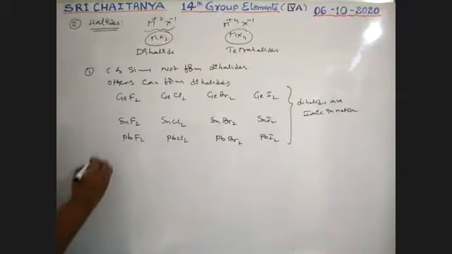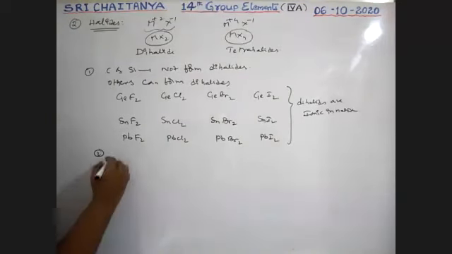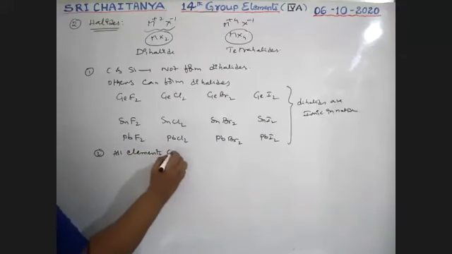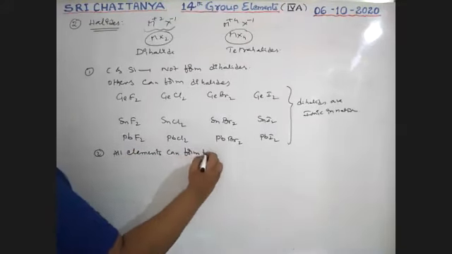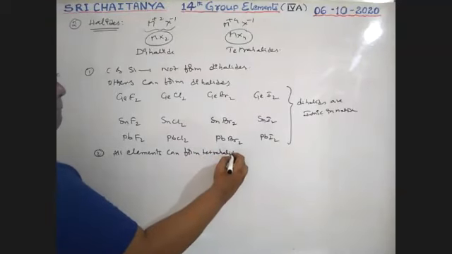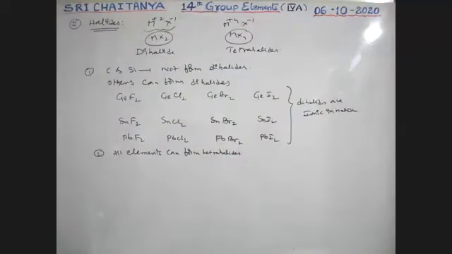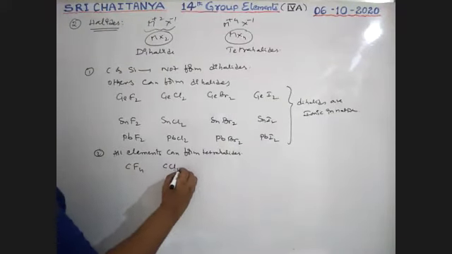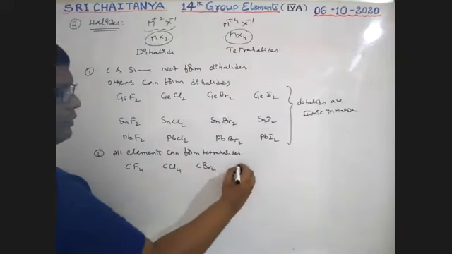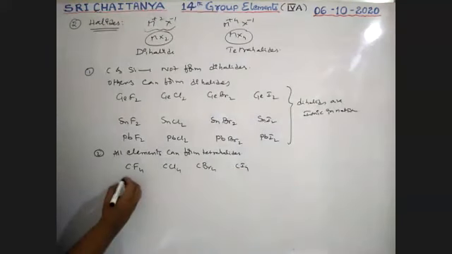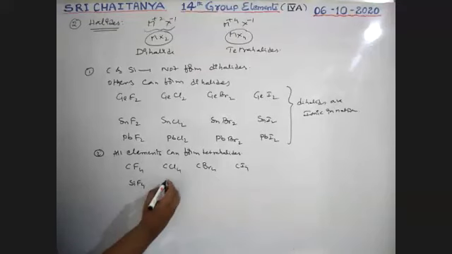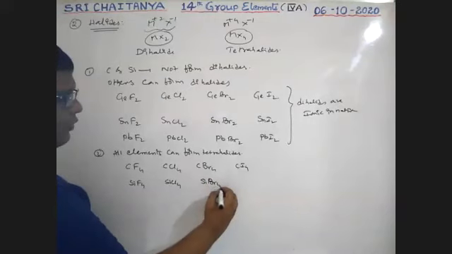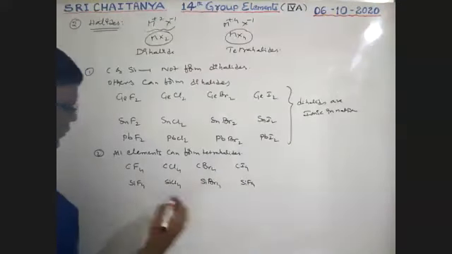Now, tetrahalides. All elements can form tetrahalides. That means carbon: CF4, CCl4, CBr4, CI4. Similarly silicon: SiF4, SiCl4, SiBr4, SiI4.